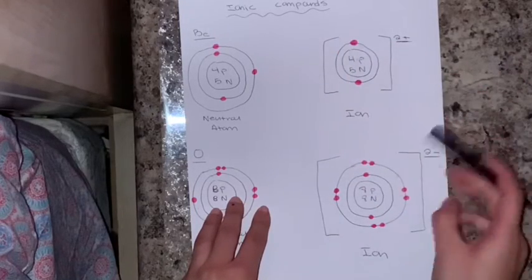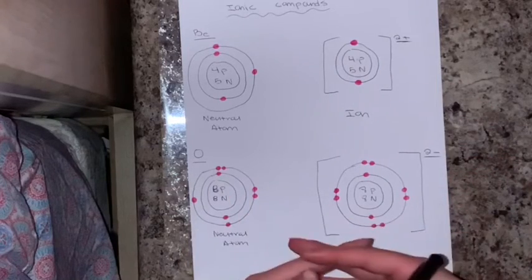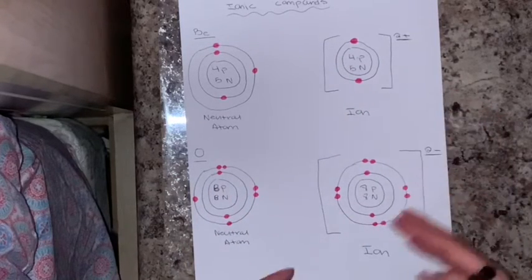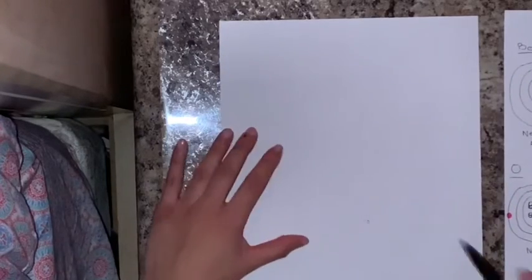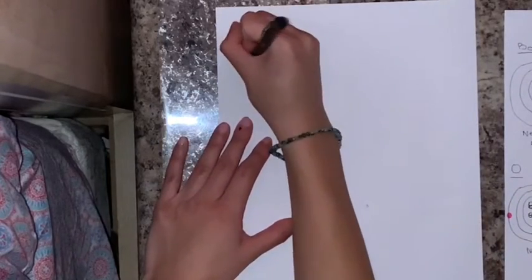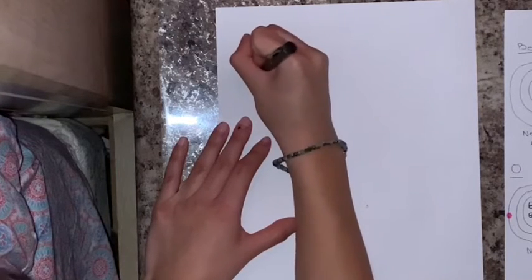Basically, we're just going to write these two ions and place them next to each other to create ionic compounds. And that's how you basically create ionic compounds. You just put the ions close to each other.